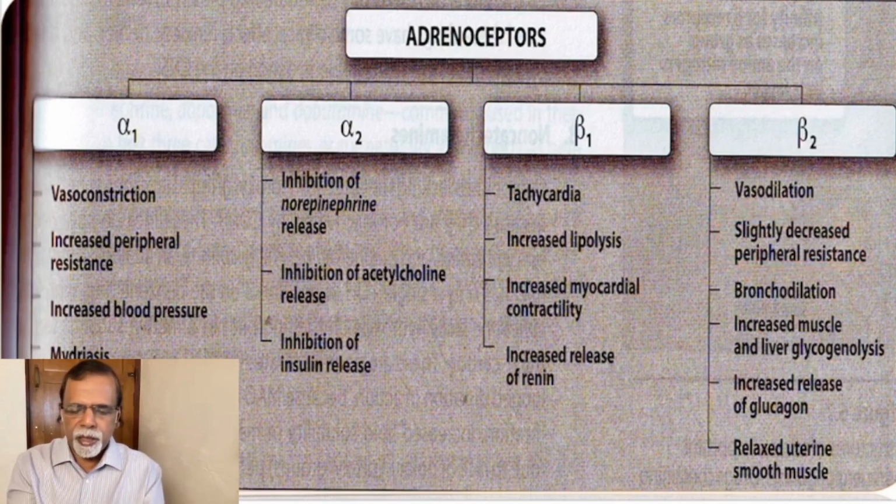And again, just like other receptor stimulation, there is a glycogenolysis, and it will increase the release of glucagon. So we know glucagon is an antagonist of insulin. It will produce hyperglycemia. So again, it is helpful that beta 2 stimulation leads on to glucagon release.